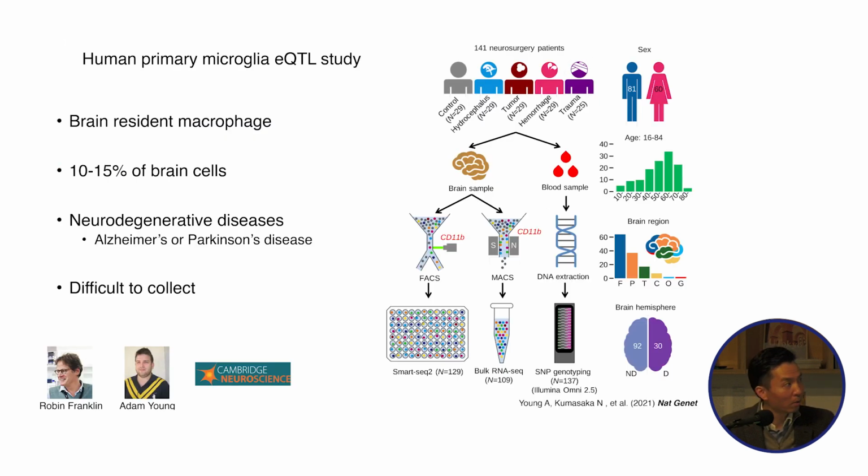So in parallel to the Alzheimer's disease genome-wide associations, we studied eQTLs of microglia, human primary microglia. A microglia is a brain-resident macrophage that accounts for 10 to 15% of brain cells, and is implicated in neurodegenerative diseases such as Alzheimer's or Parkinson's diseases.